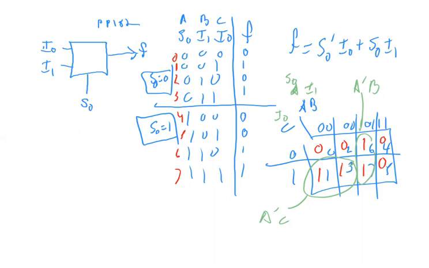So if S0 is, yeah, we copy, and S1, and we copy it over. So what do I get? A prime C or A prime B equals F, which I can write in the original notation, where A is equal to S0, so that's S0 prime times I0, or S0 prime times I1.